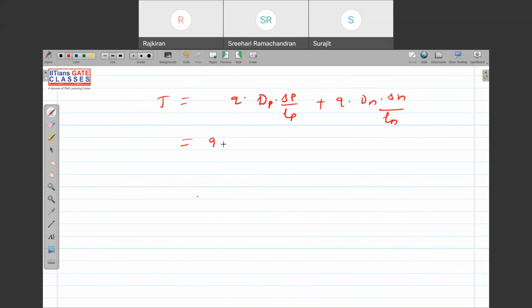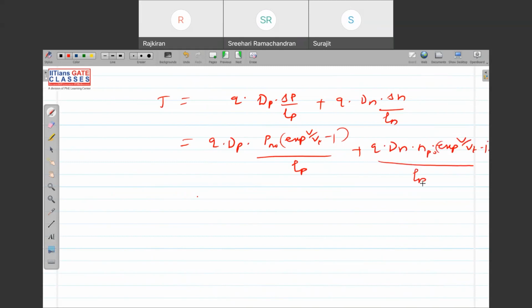So the total current is equal to q Dp into del p by Lp, where del p is pn0 into exponential of V by Vt minus 1, plus q Dn into del n by Ln, where del n is np0 into exponential of V by Vt minus 1.